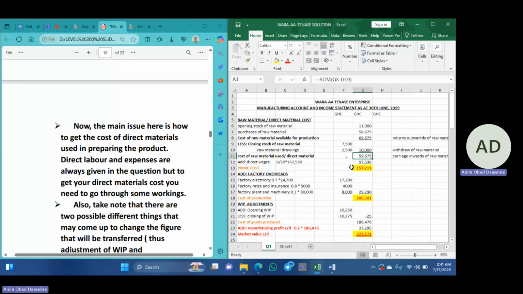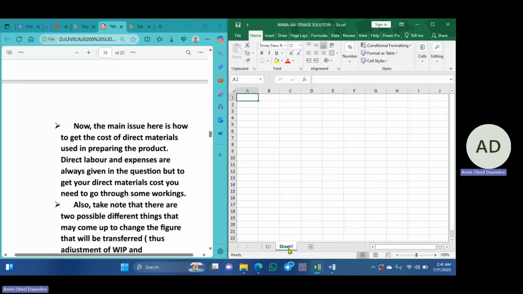Then we can also add our direct expenses. So in this particular screen, you don't have any direct expenses over here, right? So if there are any direct expenses, you also add them so that you get the final answer for the direct labor cost.